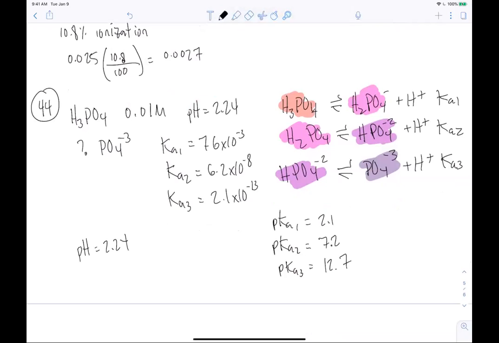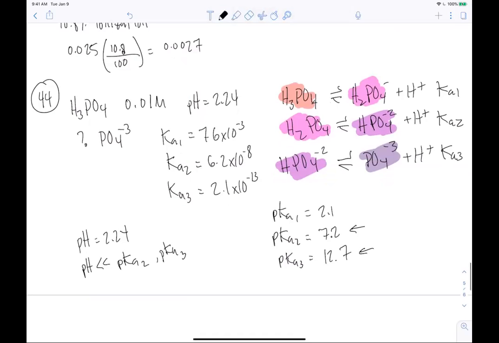Our pH is much less than pKa1, pKa2, and pKa3. So I'm expecting most of this to be protonated. How are they figuring this out? I know it's going to be a really small number.